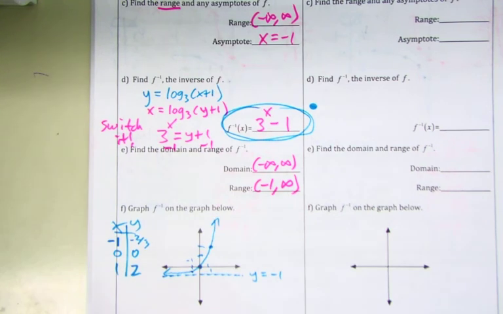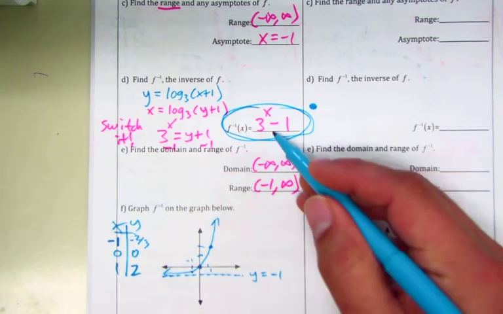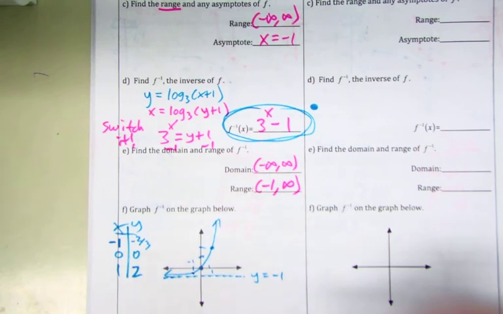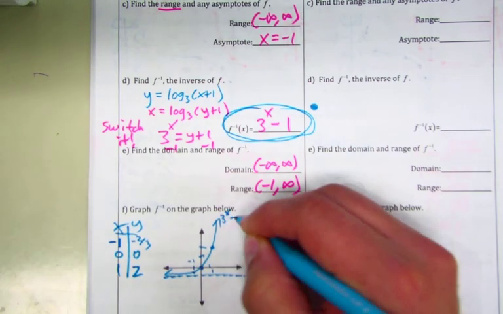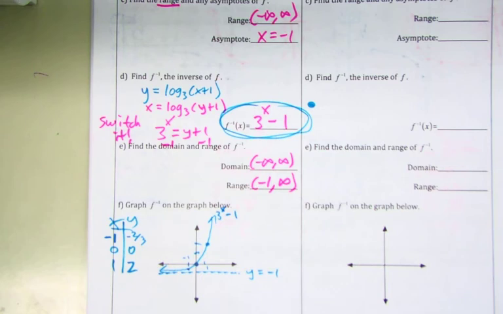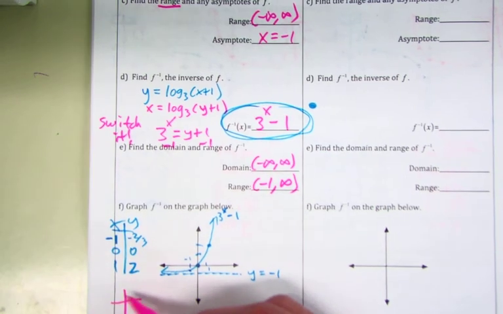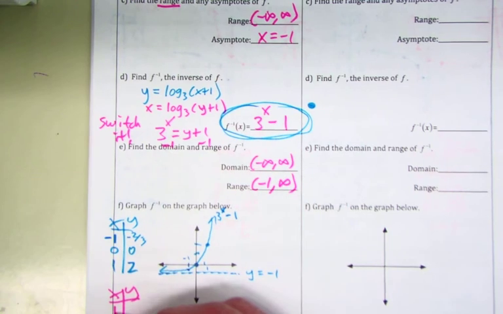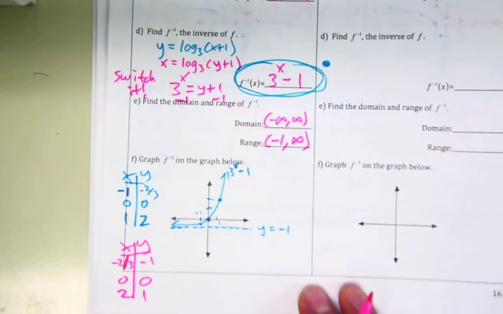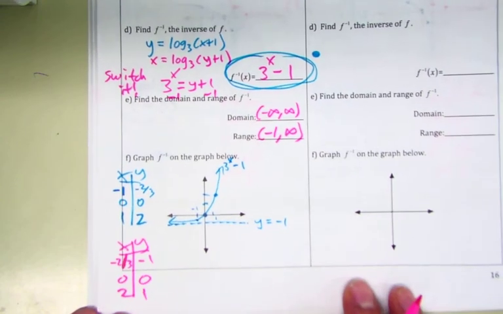So there's the exponential graph. I'll even label it 3 to the x minus 1. And now the log graph, if I have this table, I'll just flip everything around, and that's probably easiest. So negative 2/3, negative 1. 0, 0 is still going to be 0, 0, but now I have 2, 1 instead of 1, 2.